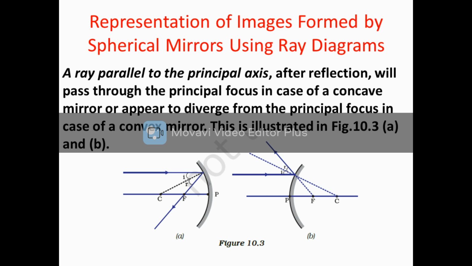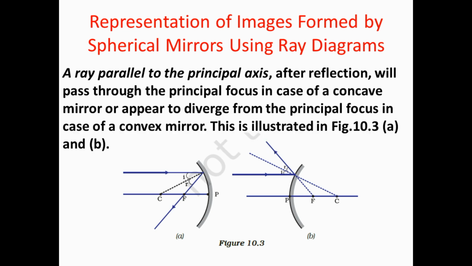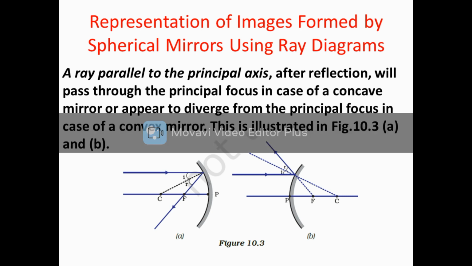First of all I take the concave mirror. The ray hits the concave surface, and it will be reflected, right? The incident ray is represented as I, and the reflected ray is represented as R. The reflected ray travels to the focus. Here you see in figure A, it travels through the focus.